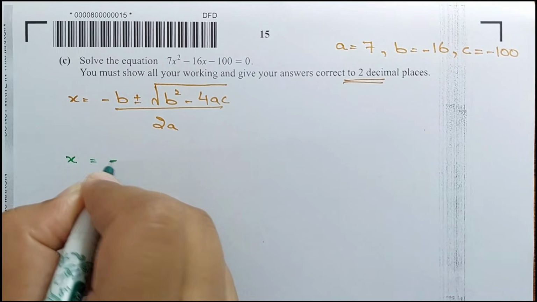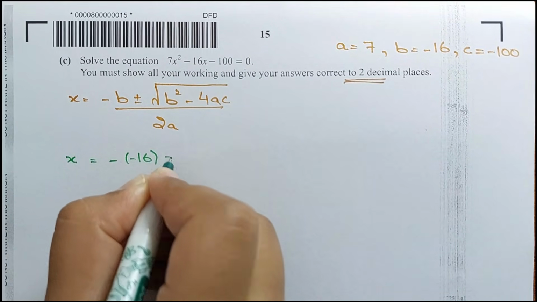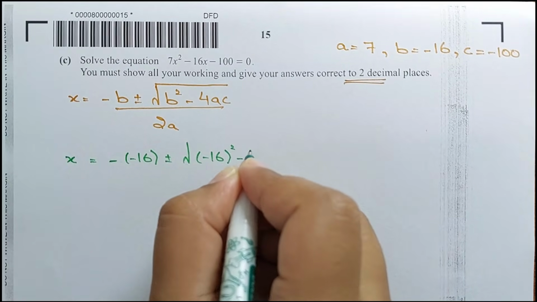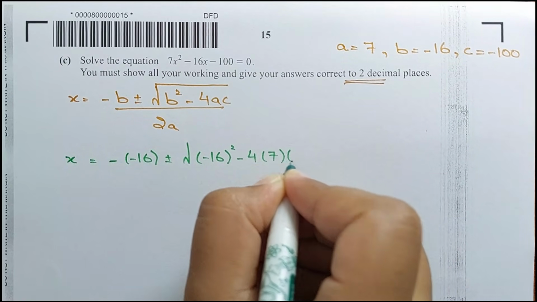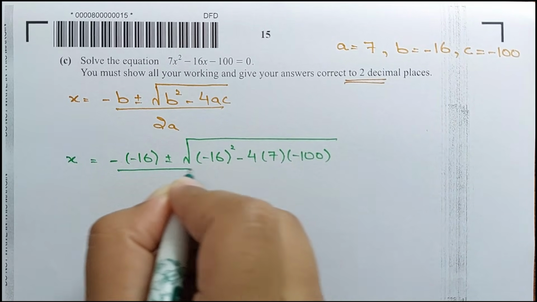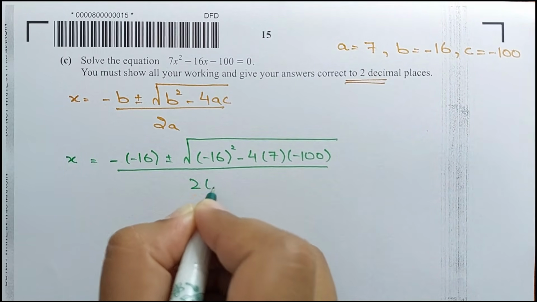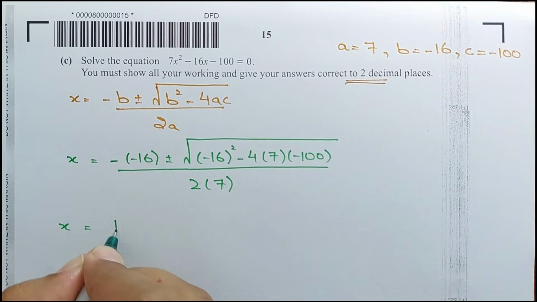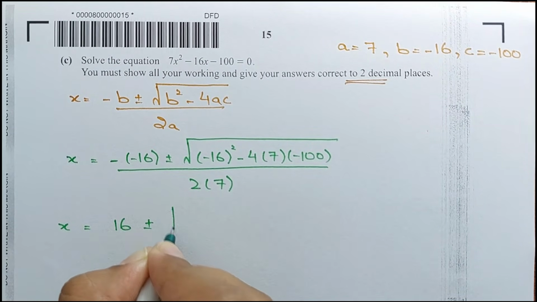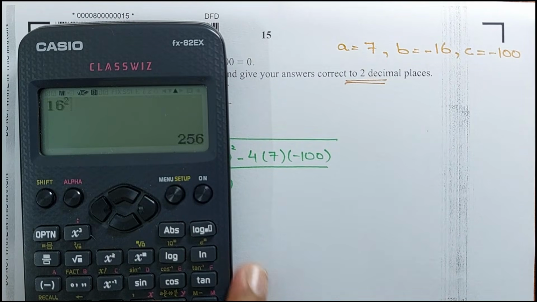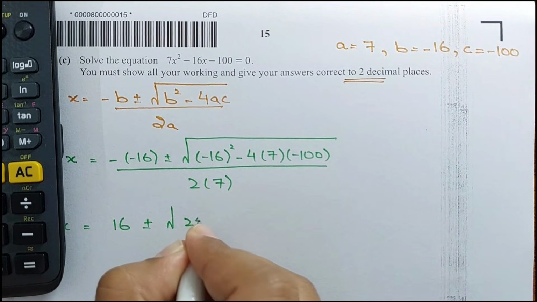x equals minus b, which is negative 16, plus or minus the square root of b, minus 16 squared, minus 4 times the a value and the c value, all divided by 2 times the a value, that is 7. Now x is negative times negative is positive 16, plus or minus square root of 16 squared, which is 256.